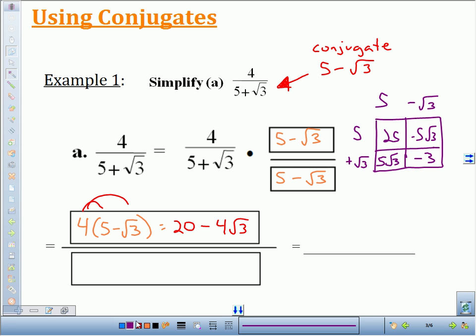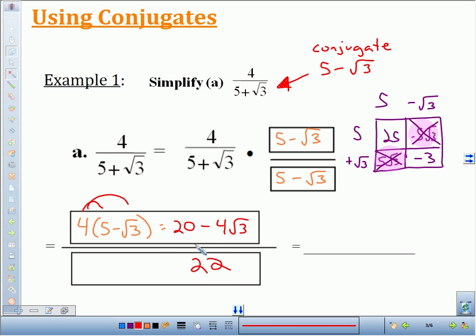Now, something interesting happens here. You might see that this term and this term, the two that we would combine when we were multiplying binomials, are going to cancel each other out. And that will happen every time. So all that's left is 25 minus 3. And that's what would go on the bottom of this fraction.